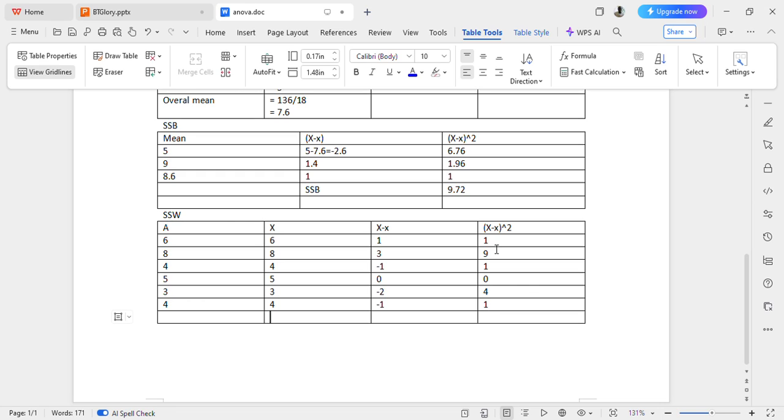Get the total. So we get the total for this. It gives us how much? We're getting 10, 11, 16. So 10, 11, 16. We move to the B.